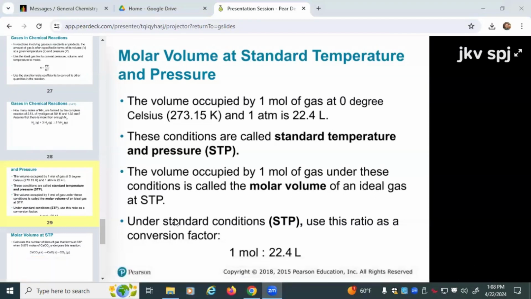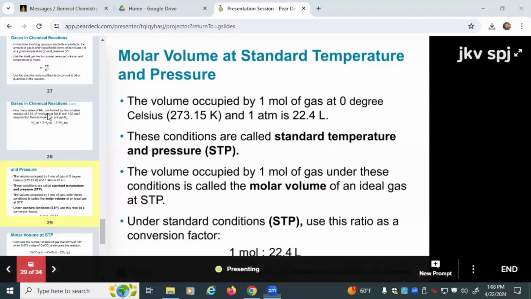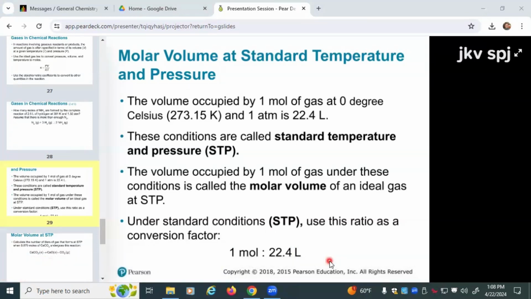And so what this allows us to do is create a conversion where 1 mole at STP is equal to 22.4 liters of space. And why that's important for us is because if we have a conversion, I don't need to use the ideal gas law to go between volume and moles.